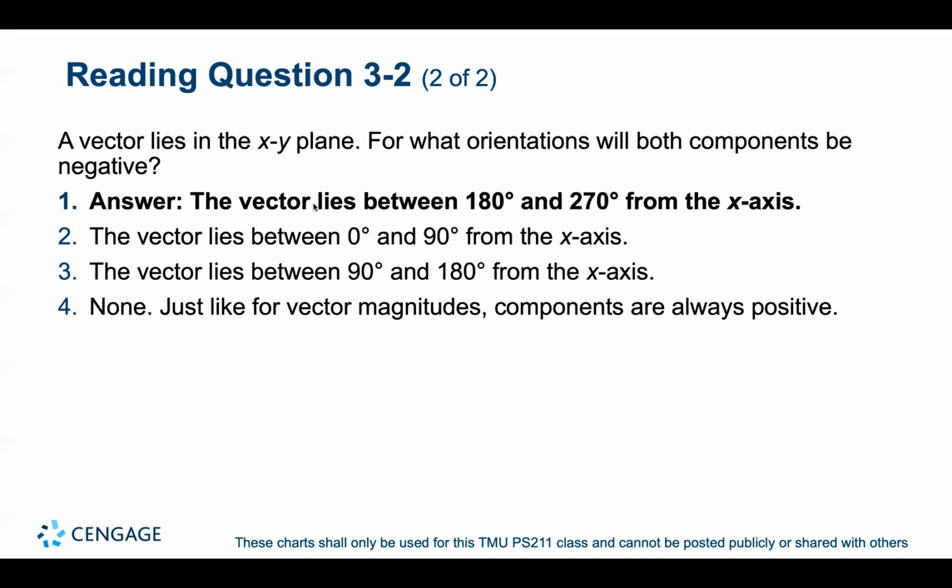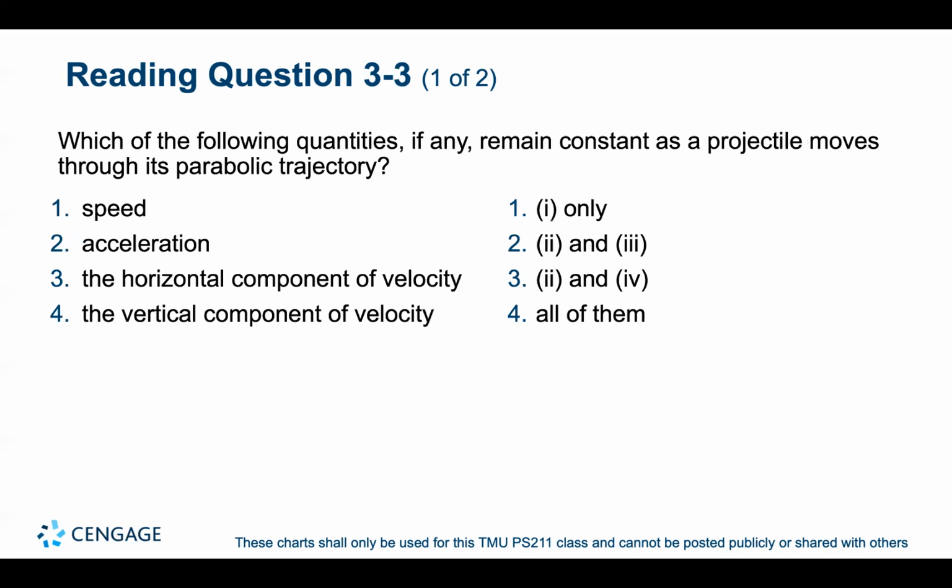So what this would say is it lies between 180 and 270 degrees from the X-axis. That was when we would see that taking place. And anyway, I think if you were just to put down a graph, an X and a Y, what they're talking about is both X and the Y has to be negative. And so it has to be this quadrant where they're both negative is what they're trying to convey.